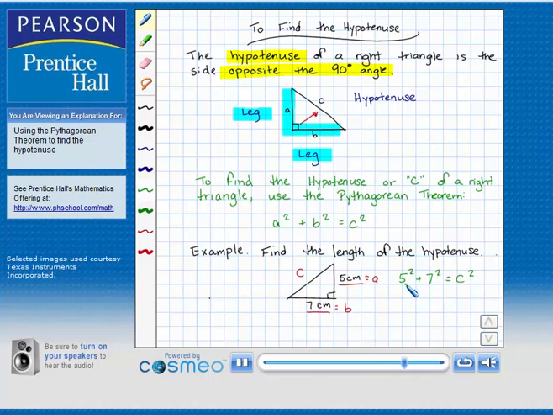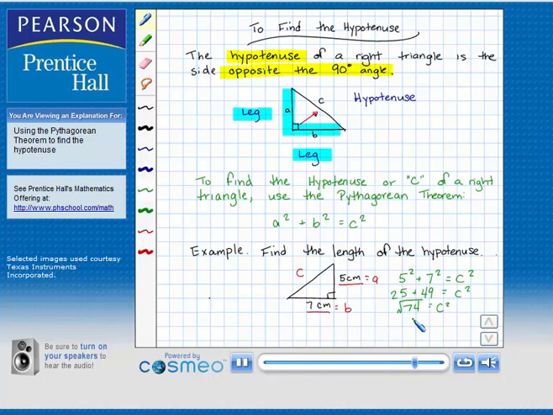Now we know that 5 squared is equal to 25, plus 49 is equal to c squared. 25 plus 49 is equal to 74, and 74 is equal to c squared. To solve for c, we simply take the square root of each side.